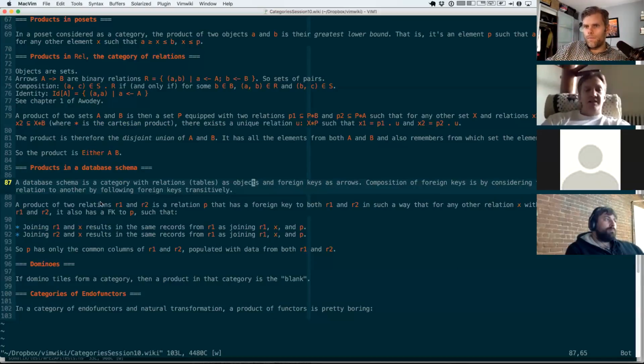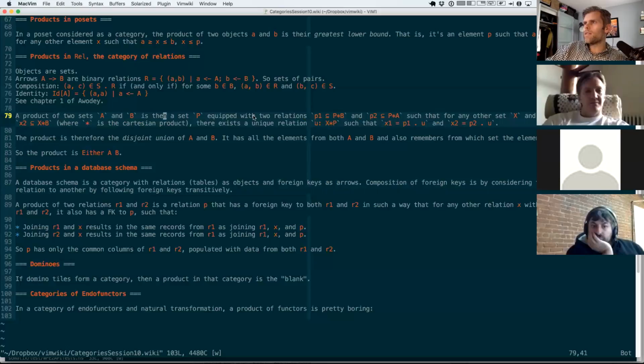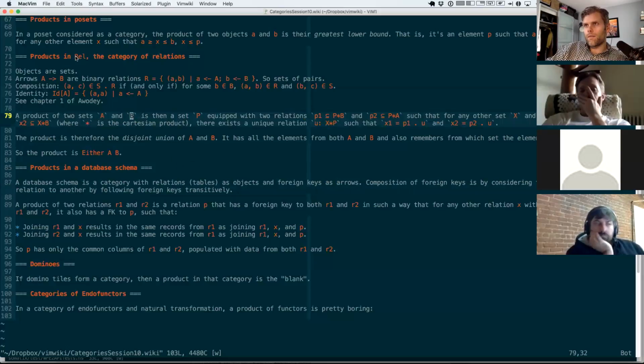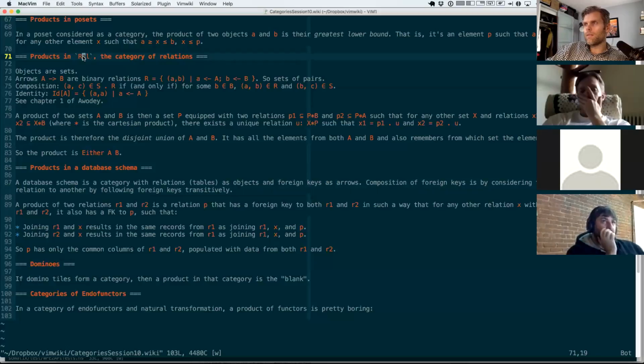How does this relate to the previous one, products in Rel? They seem very similar, except in Rel we're considering the category of relations, right? Yeah, I guess it's pretty similar. The category of relations is, so each object in that category is a relation, yeah.